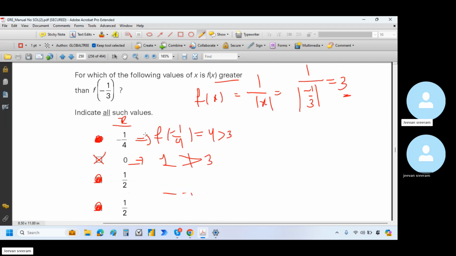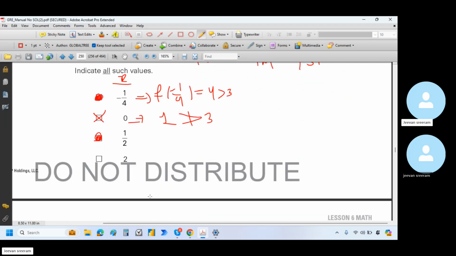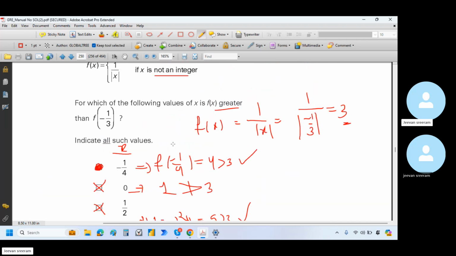If it is 2, it's an integer, so f of x is x square plus 1. So 2 square plus 1, 4 plus 1, 5, which is actually greater than 3, we need it. As per the question, this can also be another answer. Okay, 5 greater than 3.